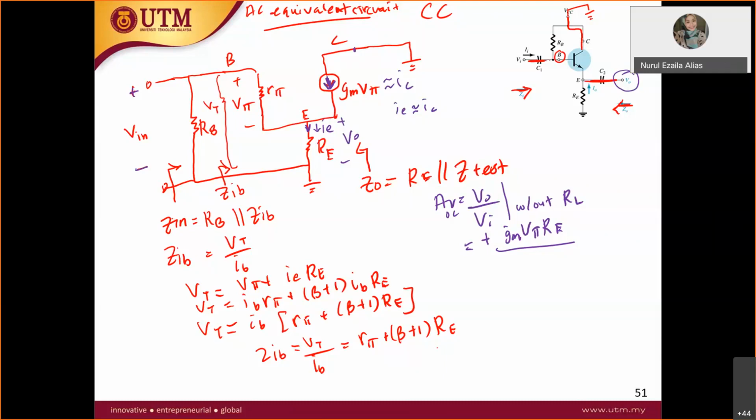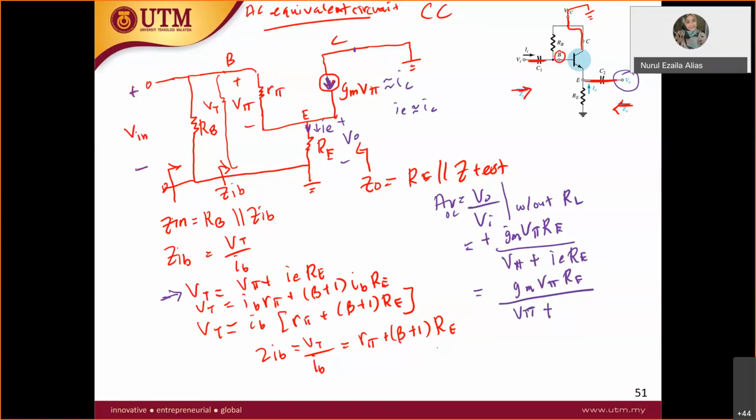Here, my dear student, I have written it here. So it is equal to the V pi plus IERE, which is equal to the IERE. Here, GMV pi RE. So for this case, I want to cancel all the GMV pi.